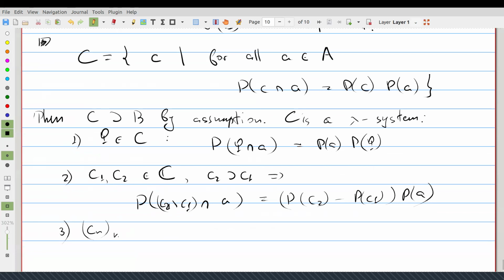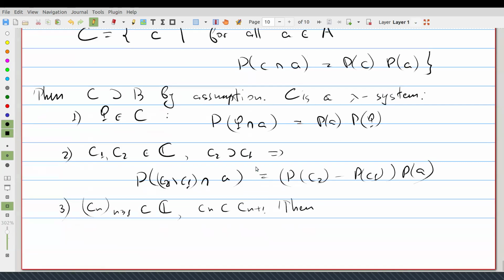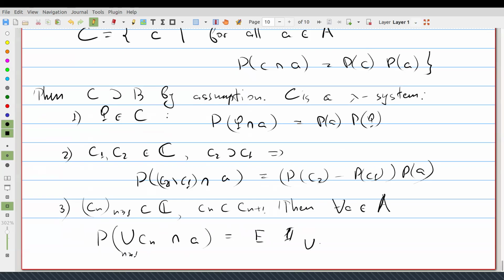And last, if we have a sequence that lives in our C capital and it's increasing, then P of the union of Cn intersect with A, for any A belonging to our original sigma algebra A, is effectively the mathematical expectation of the indicator of A times the indicator of the union.